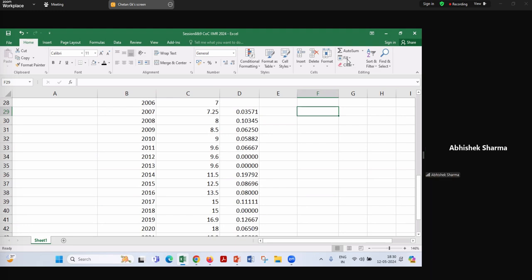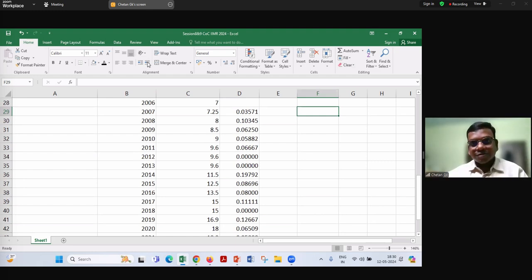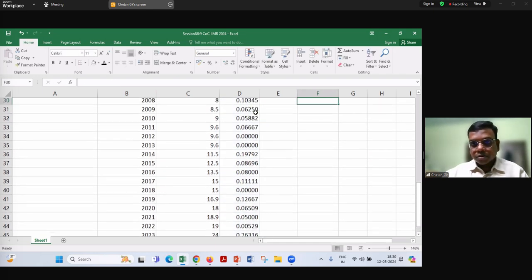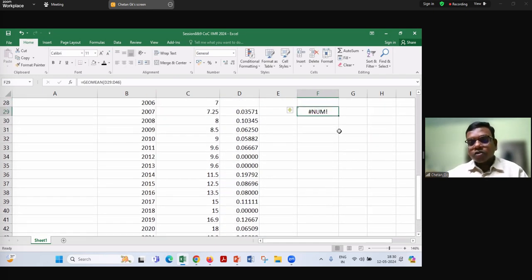I think we need to take out the geometric mean. Correct. Very good. Shall we do that? Is equal to GEOMEAN. So we are not getting this, you can see. At least I am unable to get this.